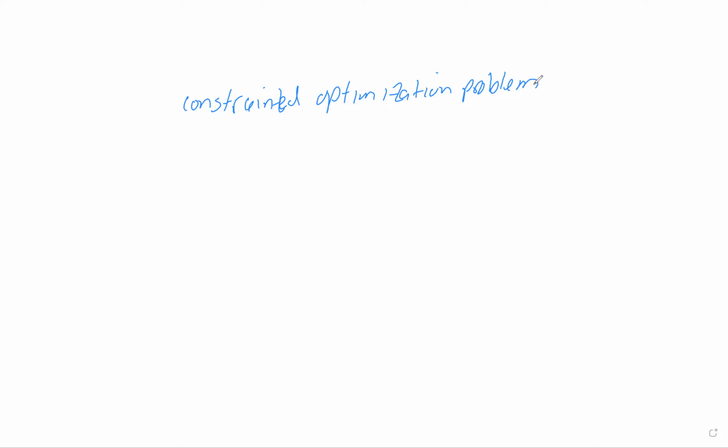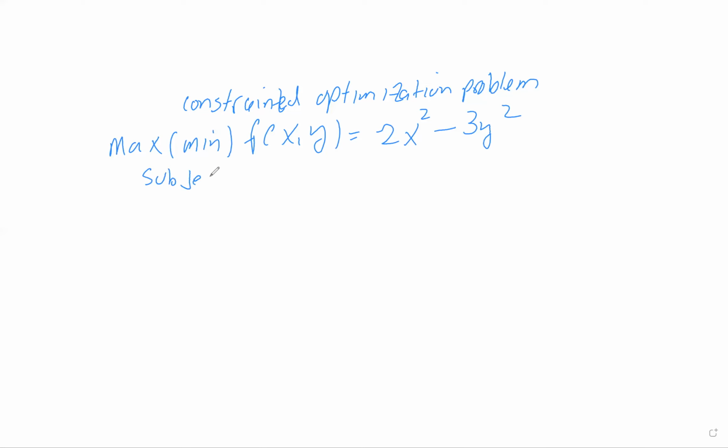The question is a max min function f of x and y equal to 2x squared minus 3y squared, subject to two constraints. The first constraint is x plus 2y equals 10, and the second constraint is 2x minus y equals 15.